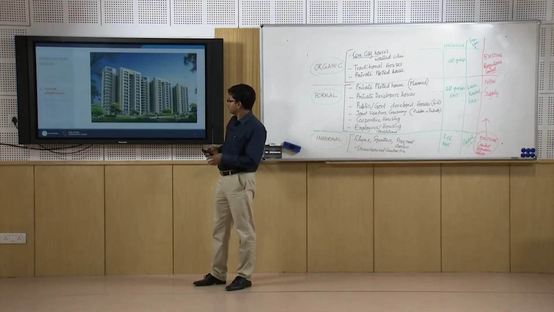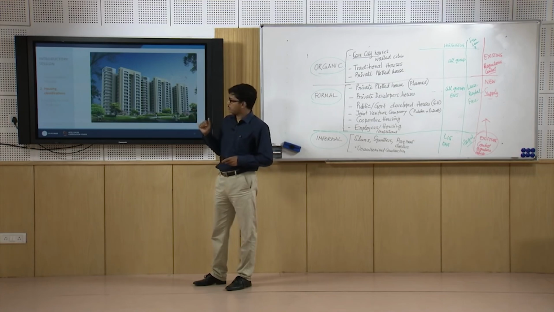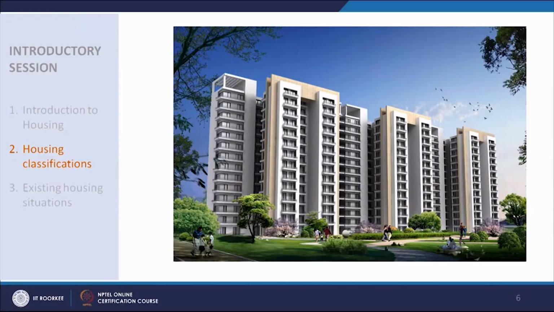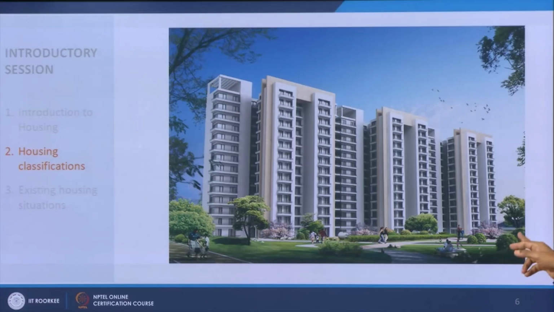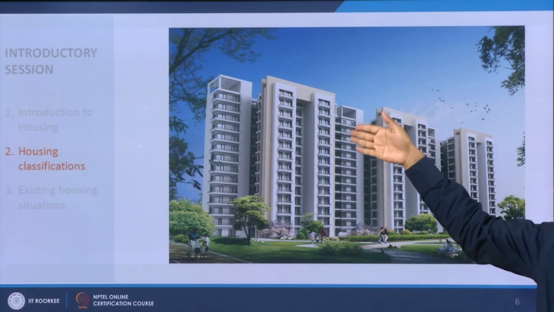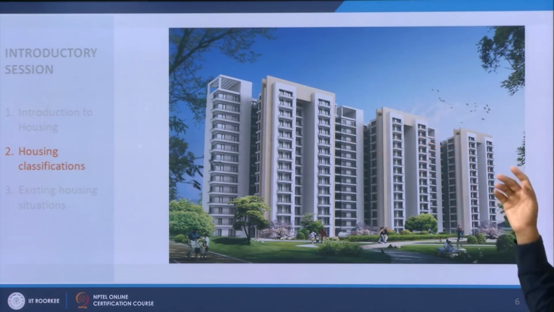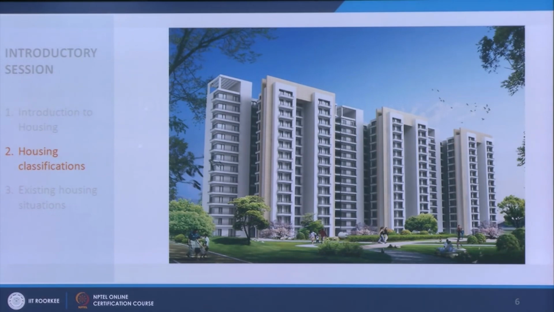Whereas in group housing, you can see a typical group housing picture. Here only the apartment, the floor area, is owned by the individual owner, whereas all the land and the infrastructure, landscaping area, common facility, even the common space inside the building, the lift lobby, staircase lobby, are all owned by the community as a whole.